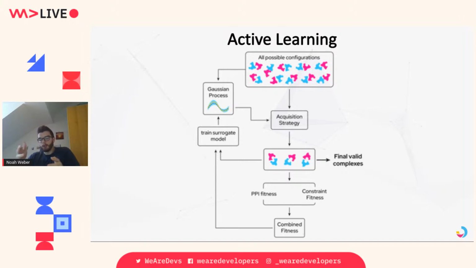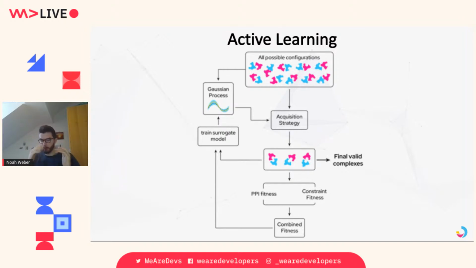There are multiple functions that constitute this, and these functions basically entail all of our requirements for this ternary complex. That's PPI fitness, constraint fitness, etc., and you get the combined fitness score.